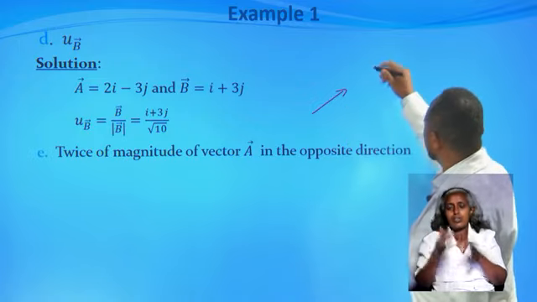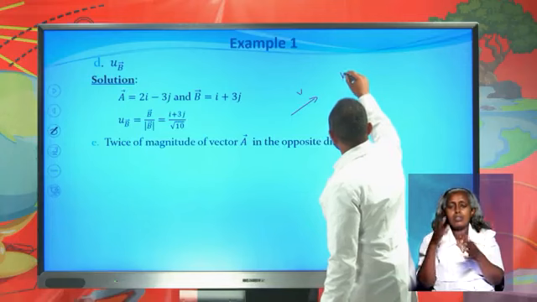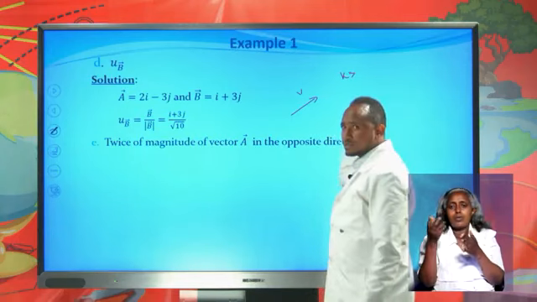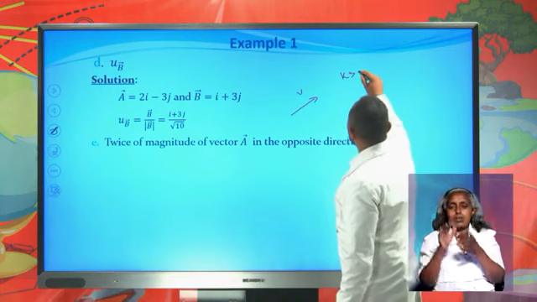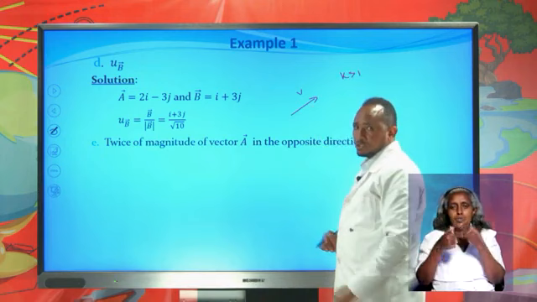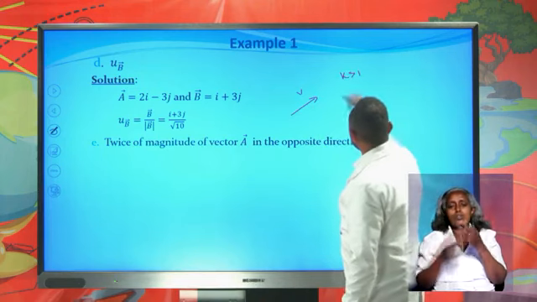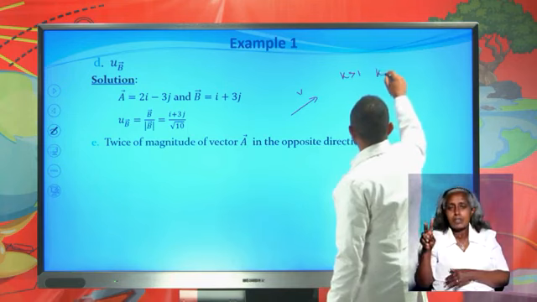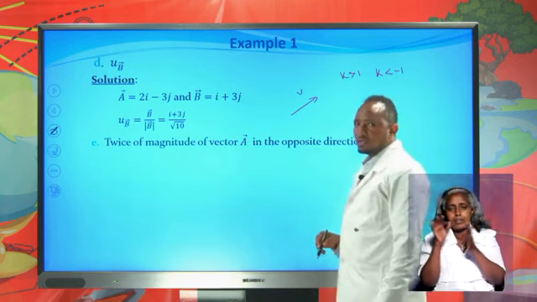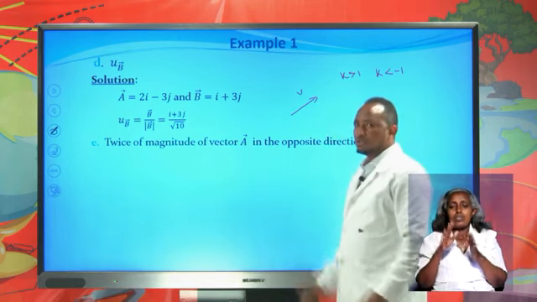If you multiply this vector v by a constant number greater than 1, the vector will be enlarged in the same direction. If you multiply it by a negative number less than negative 1, the vector will be enlarged but in the opposite direction.